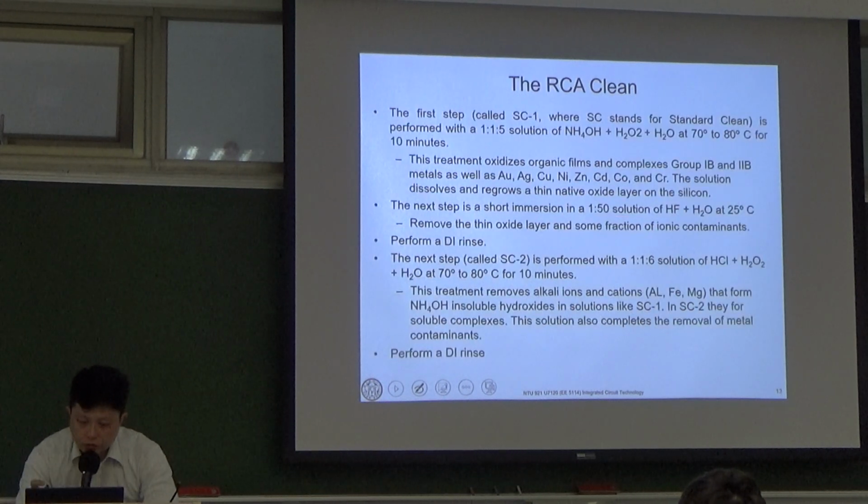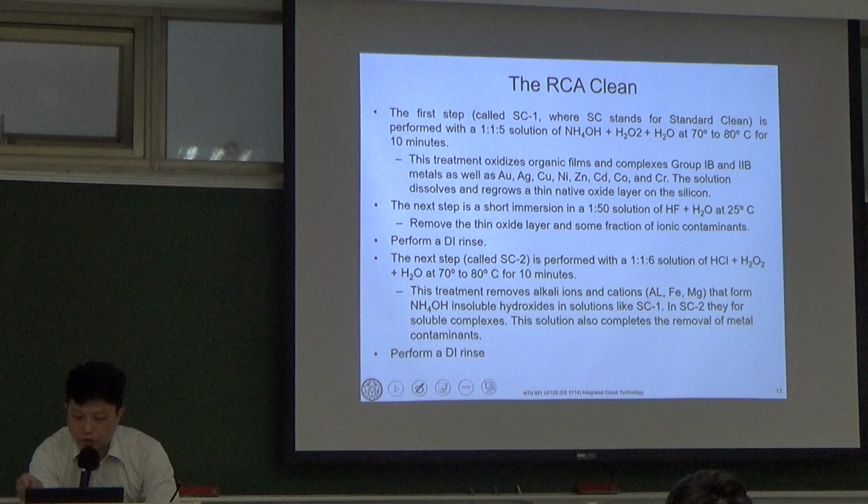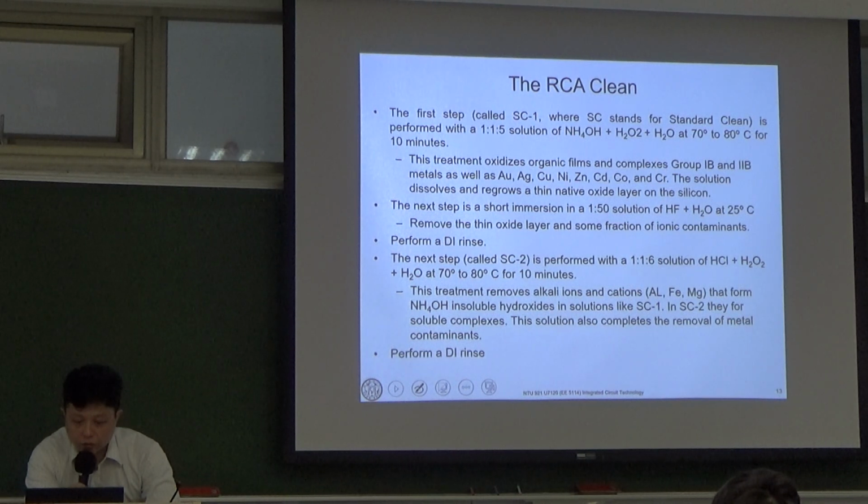So the first step we call it SC1. SC stands for standard clean. It's performed in ammonia and peroxide and water. This mixture of solution is in the ratio of 1, 1, and 5 at 70 to 80 degrees C for 10 minutes.